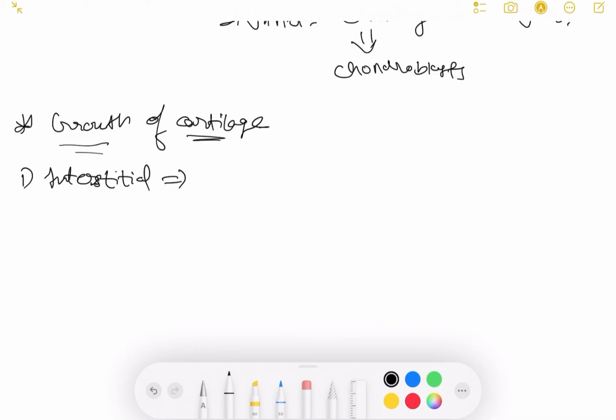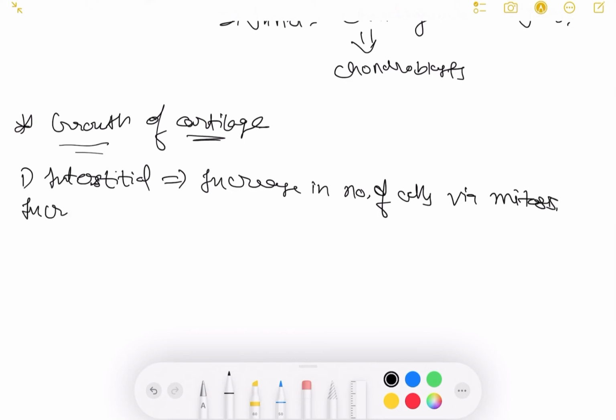What will be internal growth? It will be by increase in number of cells via mitosis. First is interstitial, which is internal growth, that is increase in number of cells, and thus it causes increase in length. So one is lengthwise growth.